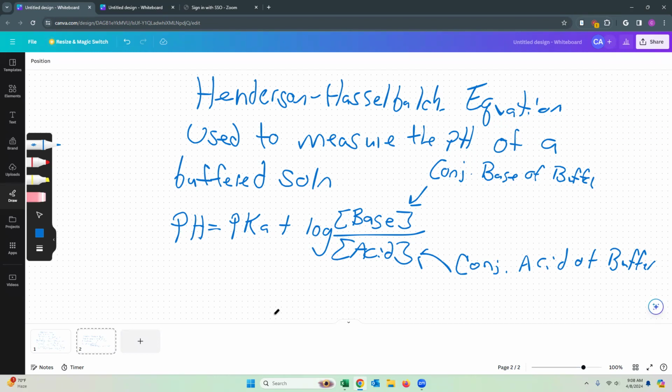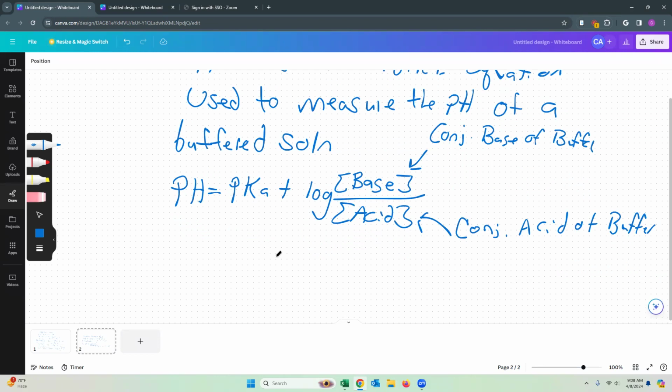All right, so pH equals pKa plus log of the concentration of base of your buffer divided by the concentration of acid of your buffer. Let's take a little side journey and talk about pKa. pKa is something you used in the lab last week. Remember, whenever we see that lowercase p, that is equal to minus log. So pKa is simply the negative log of your Ka value. Remember, Ka is your acid dissociation constant.